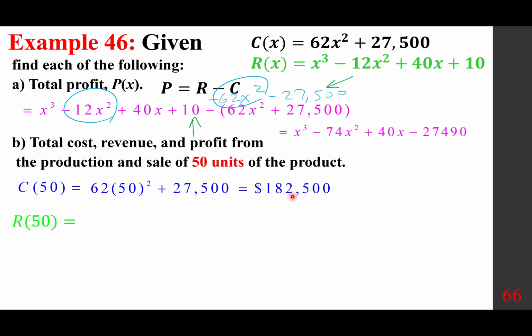R of 50: 50 cubed minus 12 times 50 squared plus 40 times 50 plus 10. Put it into a calculator, evaluate it, and you get the answer.